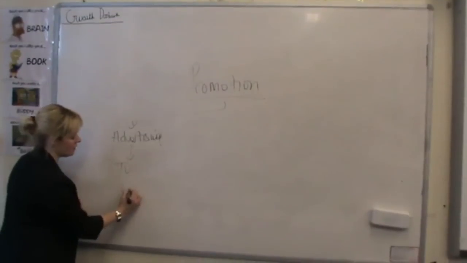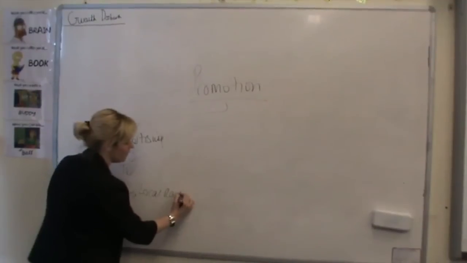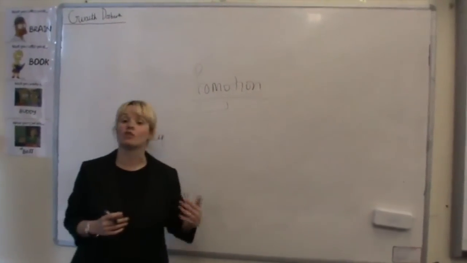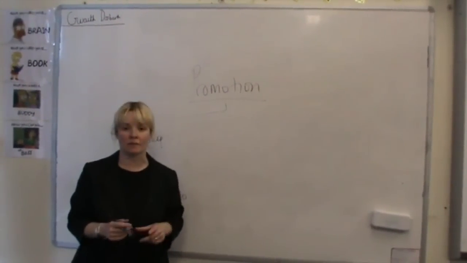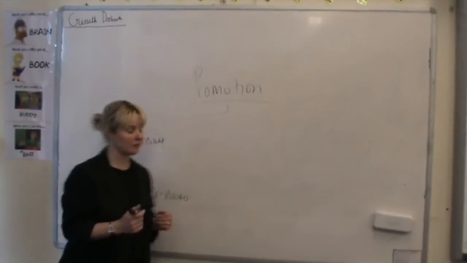After TV, you might have local radio. These are quite good because obviously it's local. If you're trying to sell your product locally, you're a local shop for instance, then advertising on the local radio is very relevant because it's aimed at your target market, people that live in that area.